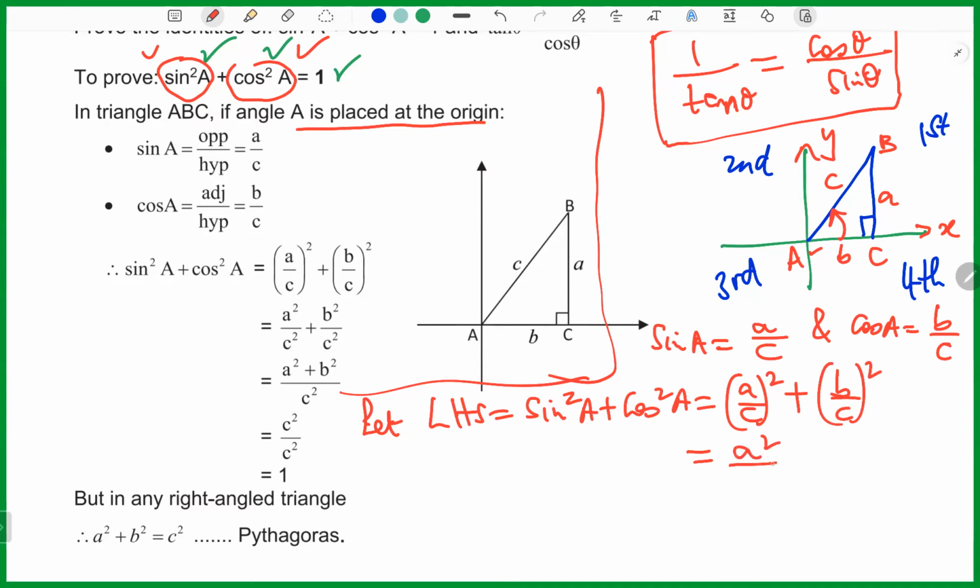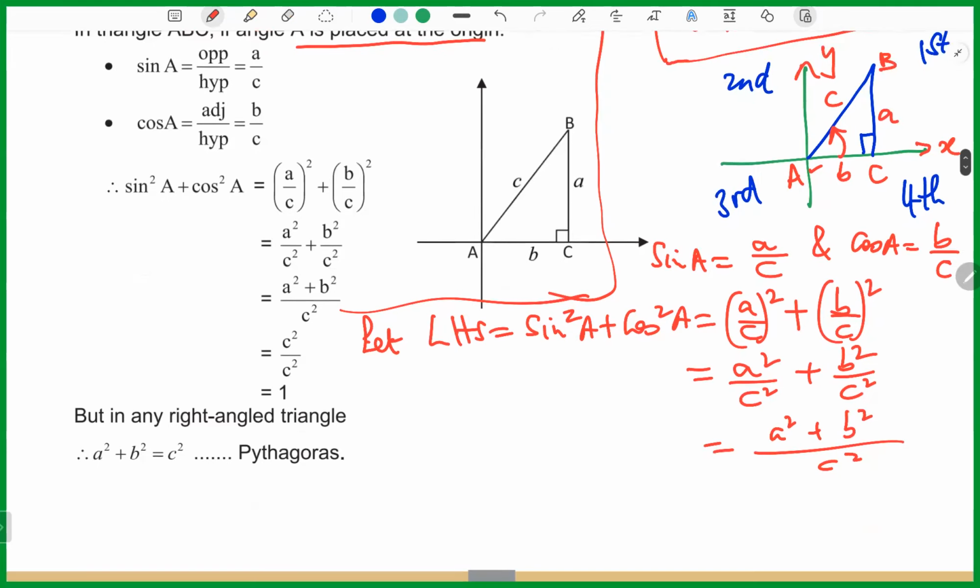So this is A squared over C squared, and this is B squared over C squared. You take the LCD, C squared. If the LCD is exactly C squared, what next do we achieve? This becomes A squared plus B squared, over C squared. What is A squared plus B squared? It's the Pythagoras theorem.